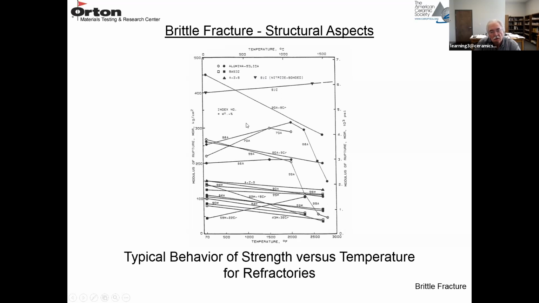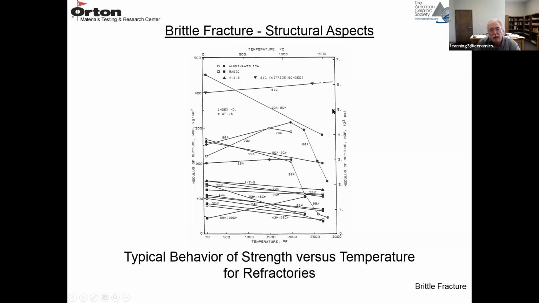But the alumina silica materials, not all of them, but some of them, are showing this slight increase prior to a more rapid decrease where there's some type of stress relief. This is a 90% alumina, 9% chrome material, which just shows a constant decrease. Silicon carbide is still increasing with strength.